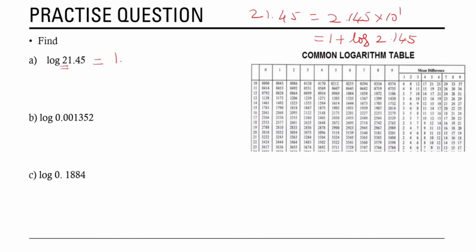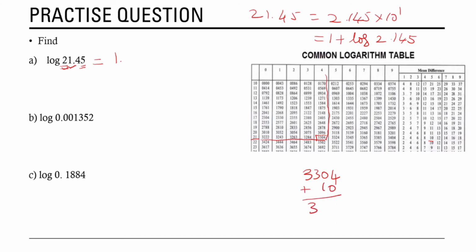Again I look at row number 21, the first two digits, under column number 4. It is 3304. Adding the mean difference in the same row, for the next digit 5, the mean difference corresponding to 21 is 10.